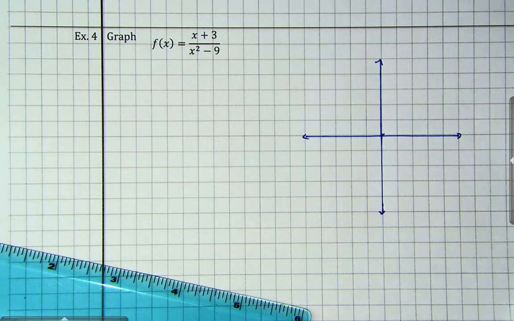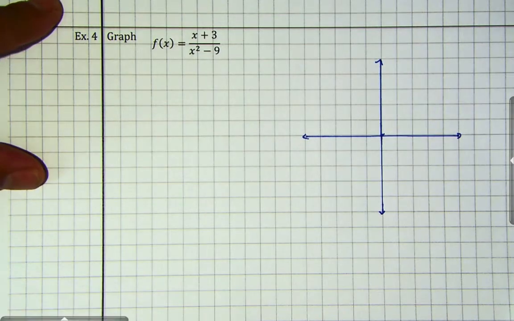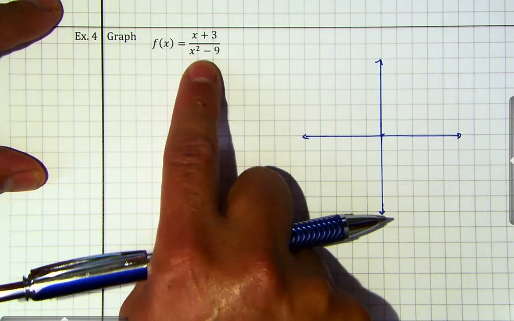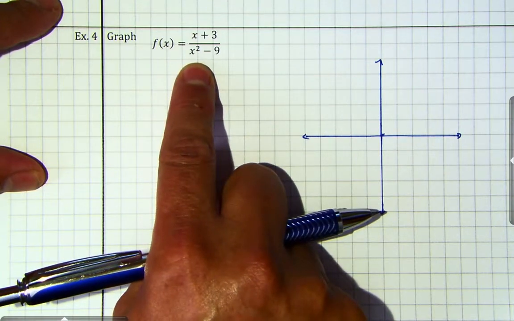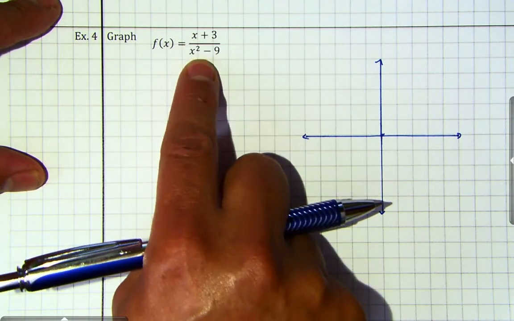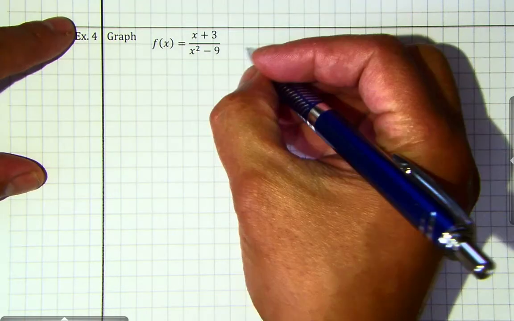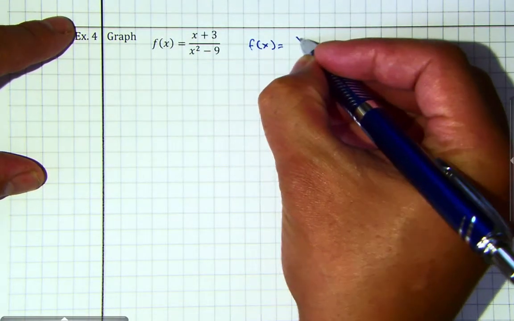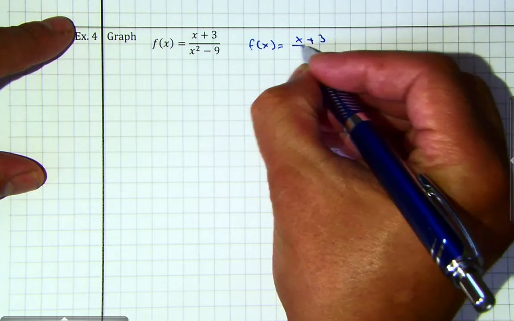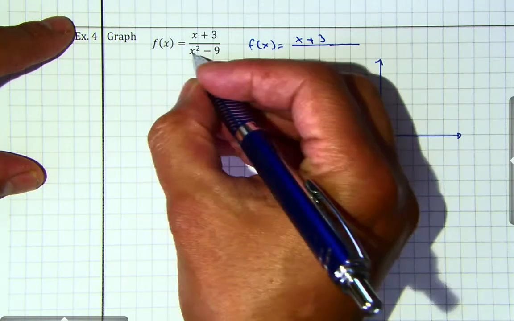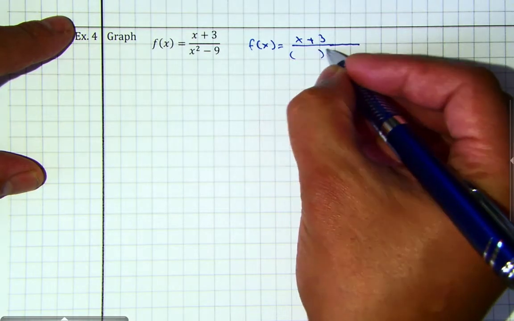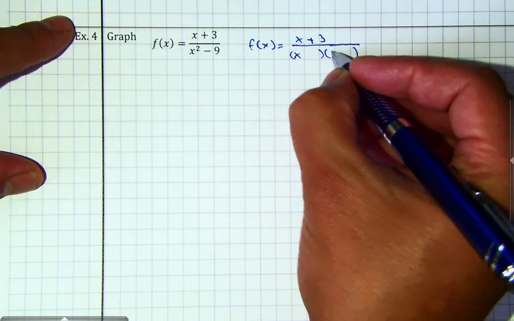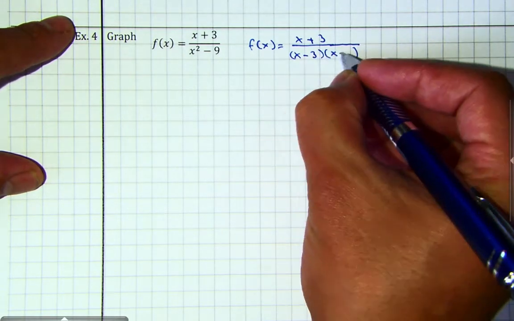Now, one of the things that we want to make sure we remember is that every time we have a rational function, we want to factor it. So I notice that my denominator can easily be factored. So we have x plus 3 over, and that's the difference of two squares, so x and x, 1 negative 3, 1 positive 3.